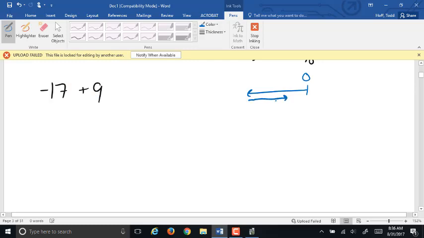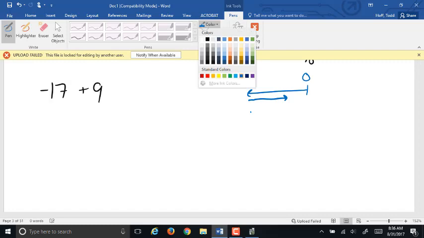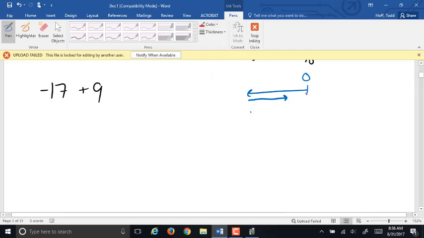Shorter. So what that picture tells me, first of all, is I ended up on the negative side over here. So I know my answer is a negative number. Second, since the arrows for my vectors go in opposite directions, the magnitude of my answer is the difference in the magnitudes of the numbers. So what's the difference between 17 and 9? 8. So that result is a negative 8.